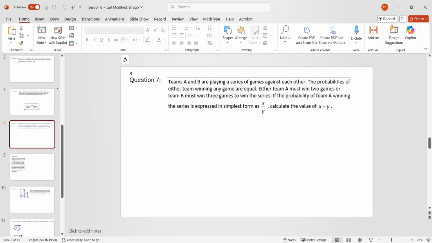So they're playing a series, and if A wins 2 games, it wins the series. And if B wins 3 games, it wins the series. Now, if the probability of team A winning the series is expressed as x over y, calculate the value of x plus y.